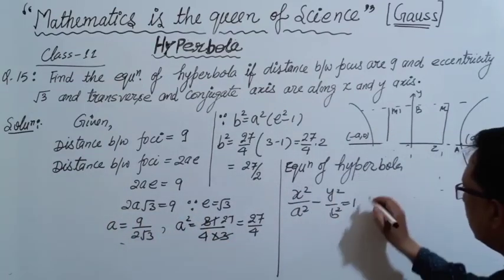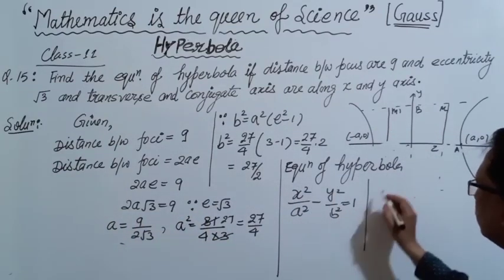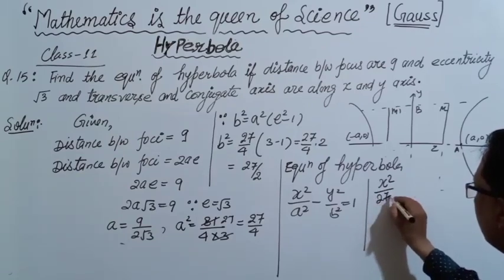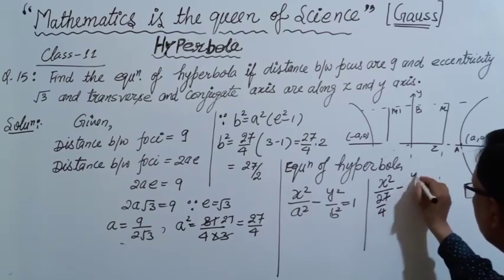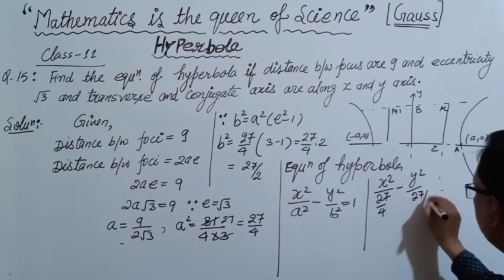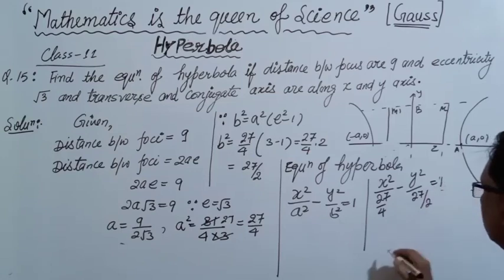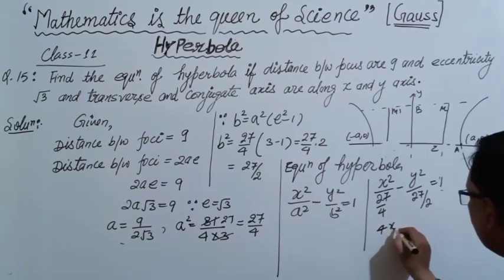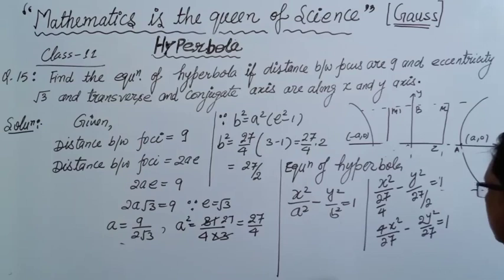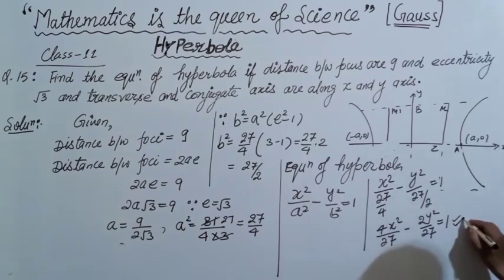Here we substitute the values of A square and B square. So we get x square upon 27 by 4 minus y square upon 27 by 2 is equal to 1. So this is 4x square upon 27 minus 2y square upon 27 is equal to 1. So this is your final answer, student.